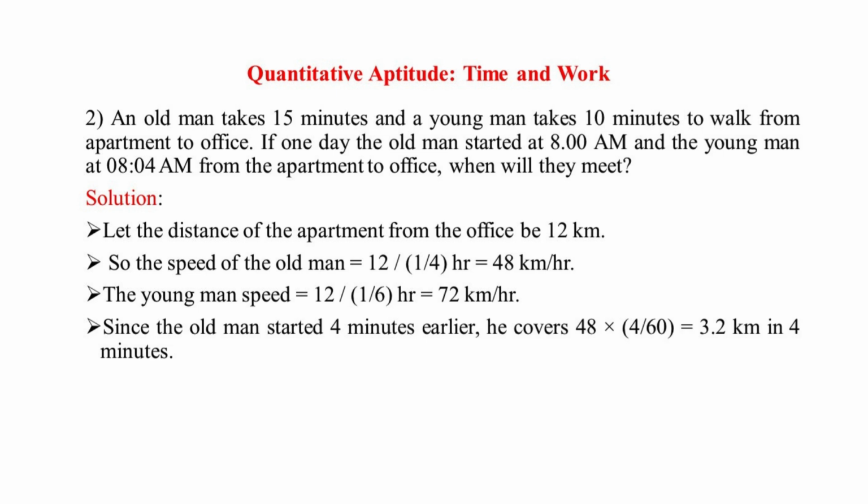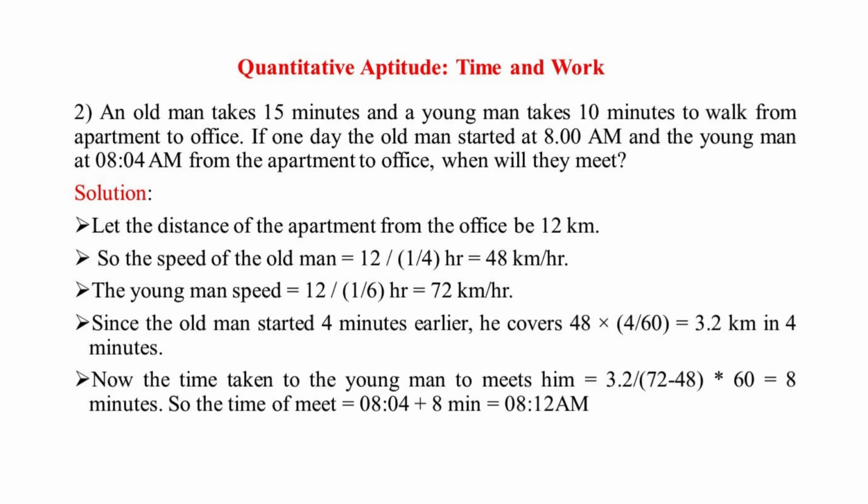So 4 minutes means 4 by 60. 4 by 60 into 48 gives us 3.2 kilometers. So this is what the old man has walked in 4 minutes.